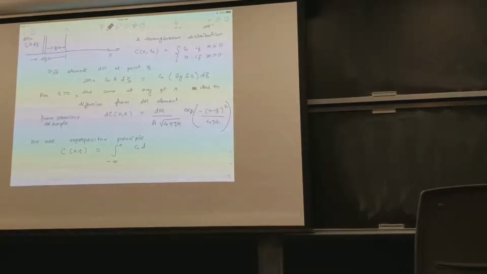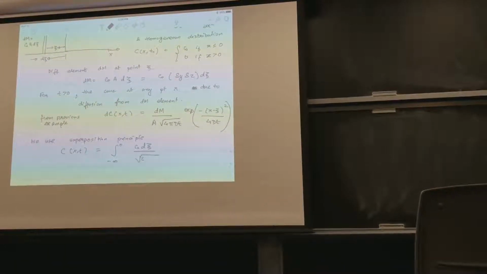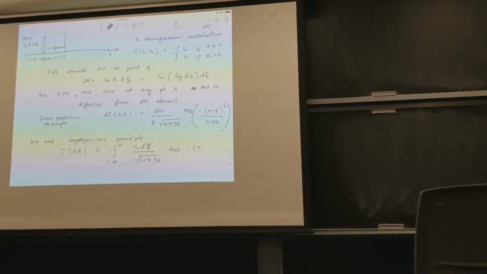Now I'm replacing dm by C naught a zeta, and then this is 4 pi Dt exponential of minus x minus zeta over 4Dt, and then there's of course a square.